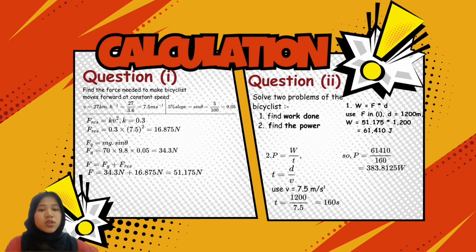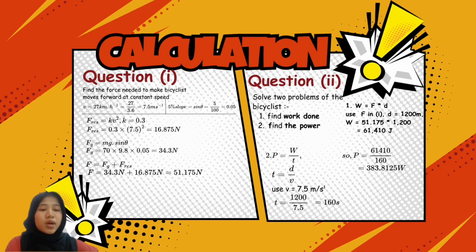In conclusion, the road must exert a total forward force of 51.175 newtons on the bike to keep the cyclist moving smoothly up the 5% slope at 27 km per hour.